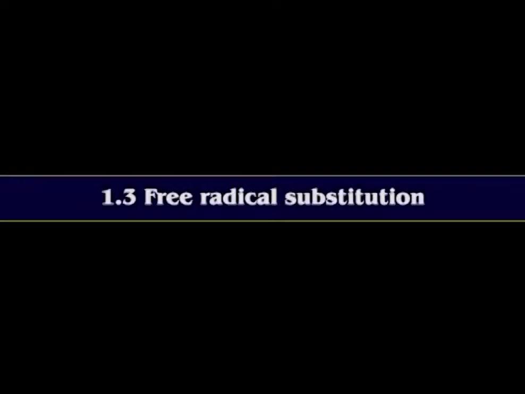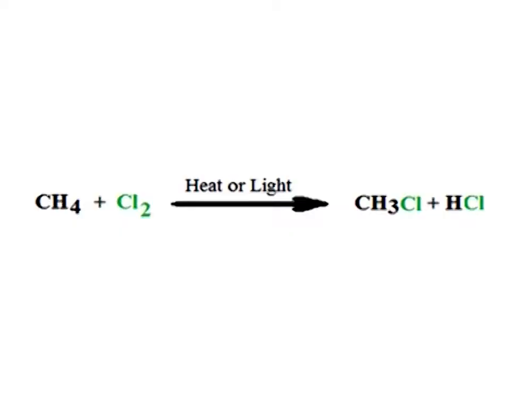Free radical substitution. This type of reaction is not so common, but it is very important as it shows many effects in biological systems. A simple free radical substitution reaction may be cited by the chlorination of methane. In general, a free radical substitution reaction occurring at saturated sp3 hybridized carbon atom proceeds through a chain mechanism.